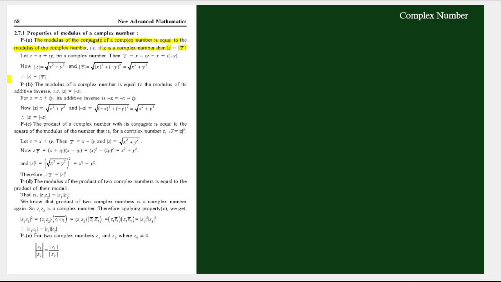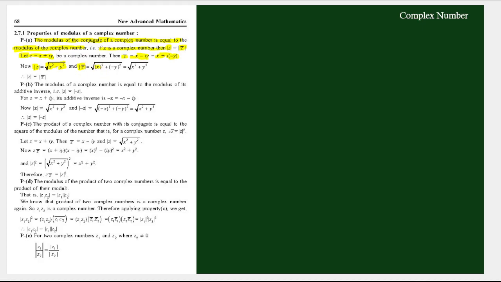So the proof is given. In the proof you write down: let z equal to x plus iy be a complex number, then z bar equal to x minus iy. So write in a plus ib form, x plus i times minus y. Fine. Now you find the modulus of z, using the formula, and then the modulus of z conjugate.